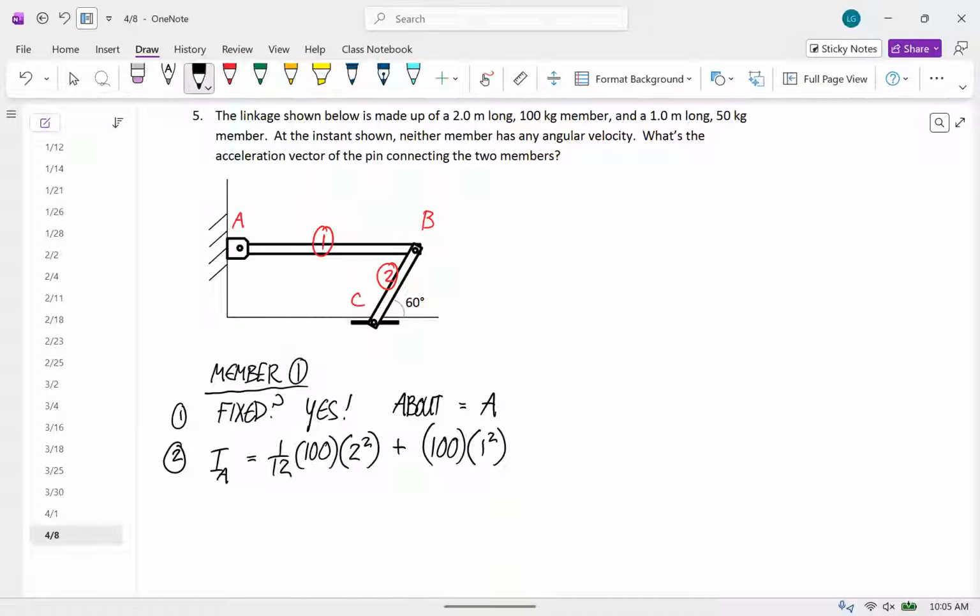And so we have, let's see, 33.3 plus 100. I think that's 133.3 repeating.